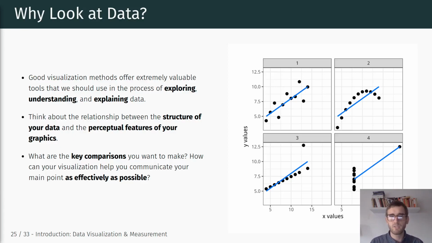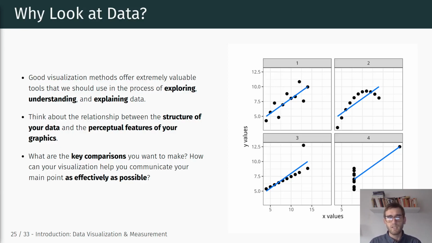So there are two different things. On the one hand, of course, there's effective communication as you're reporting results to your peers, but then there's also the value of data visualization as exploration, where you're basically an audience of one and you're trying to get a better understanding of the structure of your data, right?